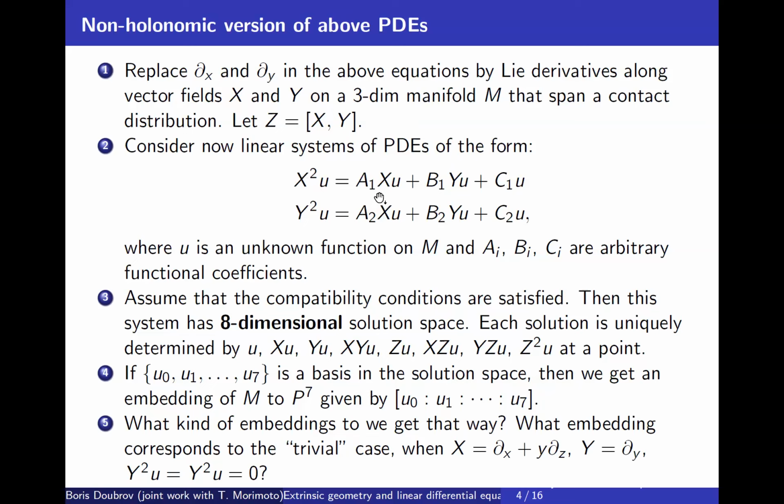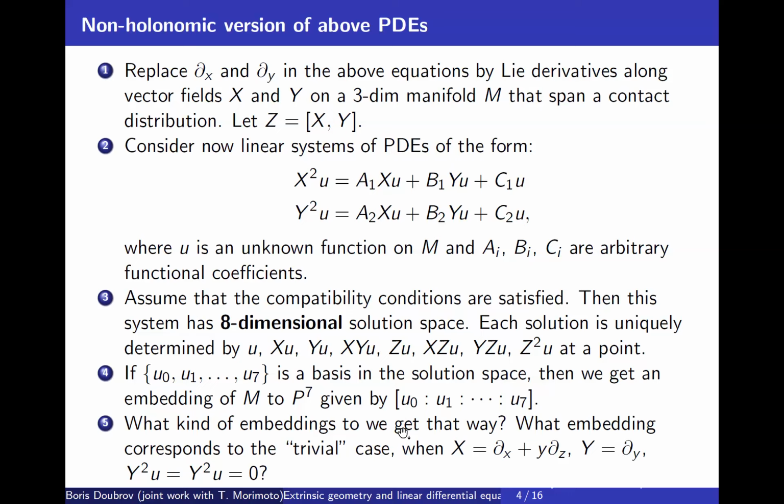One of your preferred choice, and I'll be giving some of those choices later. So for example, like this one, so X is dx plus y dz and Y is dy. It resembles the coordinate system on the first jet space of maps from R to R, for example.